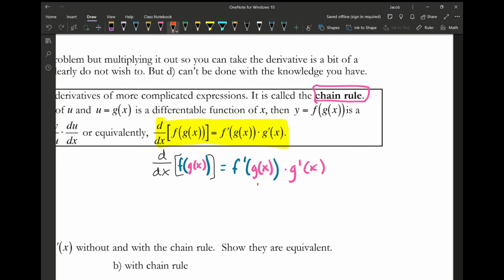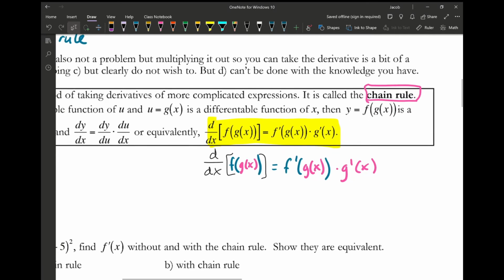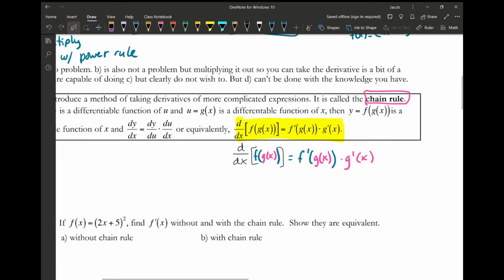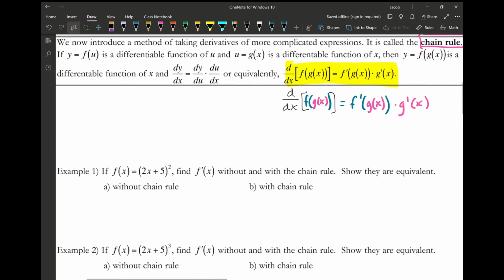Go from the outside derivative, leave the inside, to the inside derivative. So this little key down here is the best way to think of the chain rule right now. With that, we're going to look at this first example.